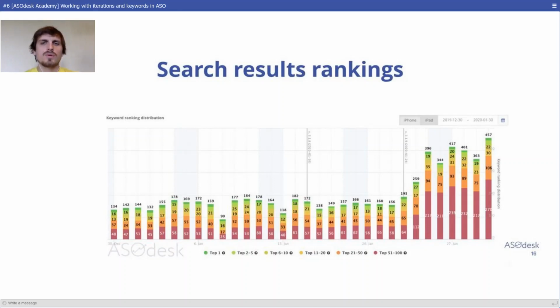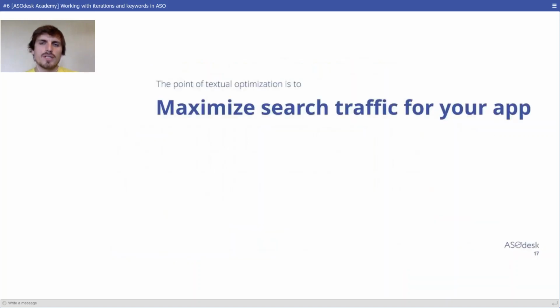Yes, so this keyword ranking distribution chart is available when we are doing the first and the second type of iteration, so the scope iteration and relevance iteration. It helps us more or less to understand, to filter all the keywords below, let's say, position number 20, and look quickly into the results of the iteration.